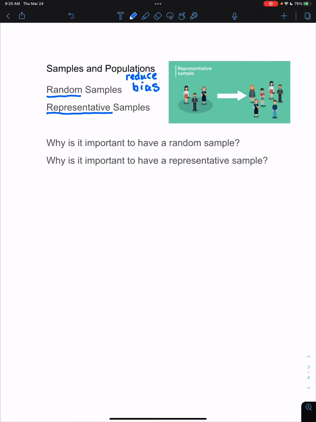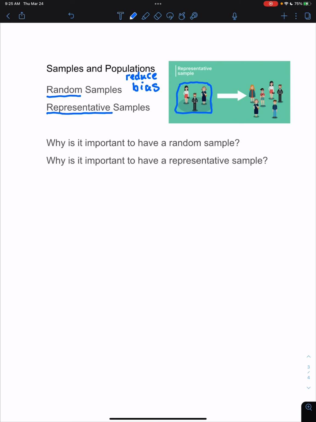And so instead, for example, in this photo over here, the group of 3 people on the left here are a representation of the group on the right.